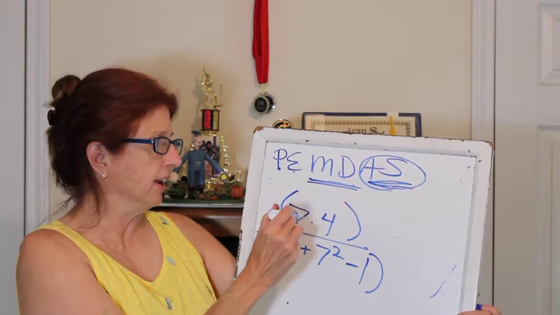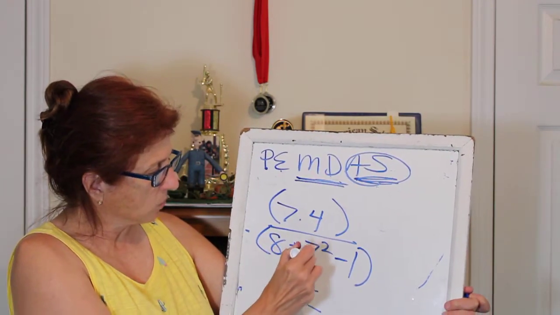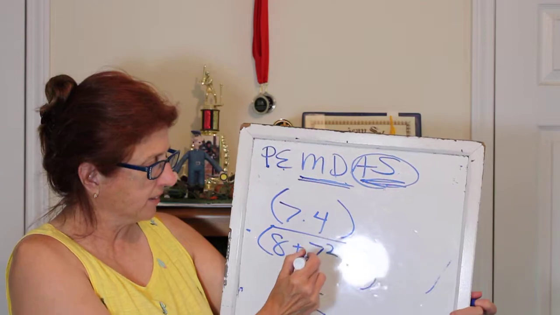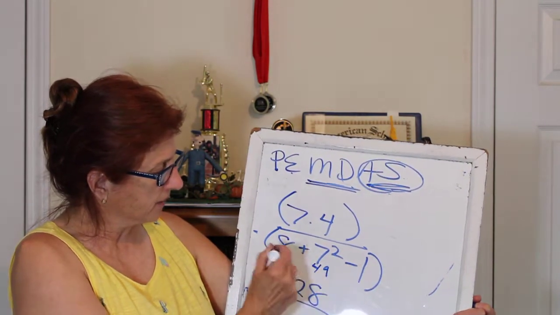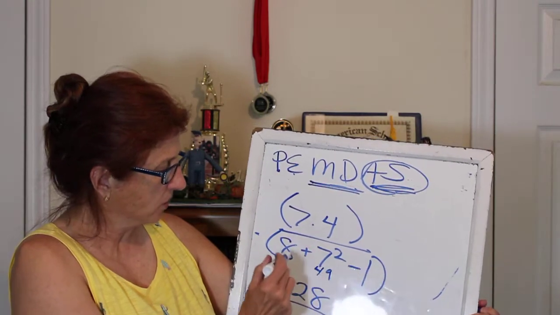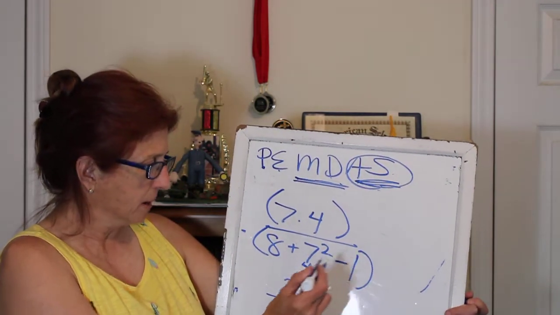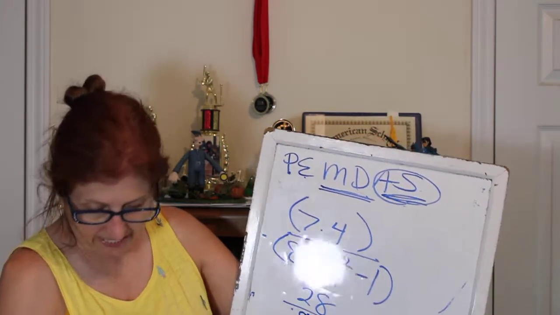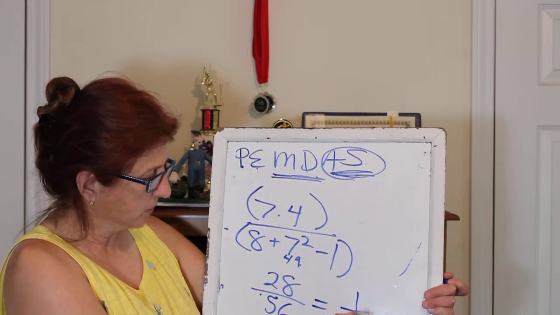But no calculator, 7 times 4 is 28. And now we're going to do this squared first. 7 squared is 49. And now multiplying and dividing, and now going just left to right. 8 plus 49 is 57, minus 1 is 56, and then that is, if we reduce it, 1/2.